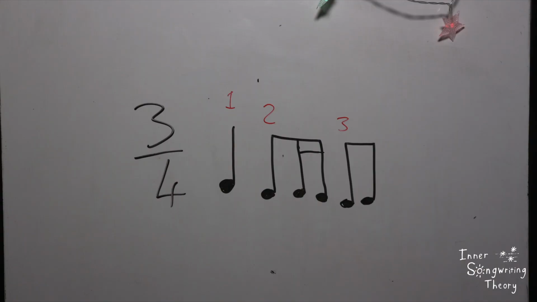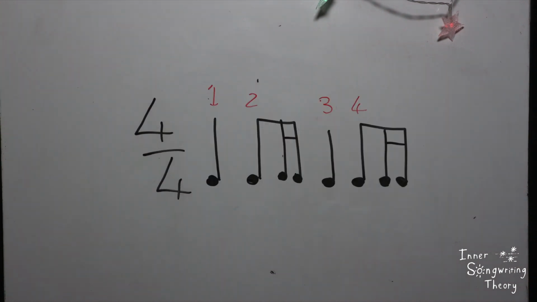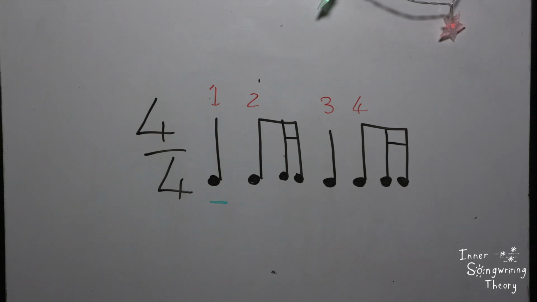I could play a strumming pattern in 3-4 which looks like this and sounds like this. And follow it with a strumming pattern in 4-4 which looks like this and sounds like this.